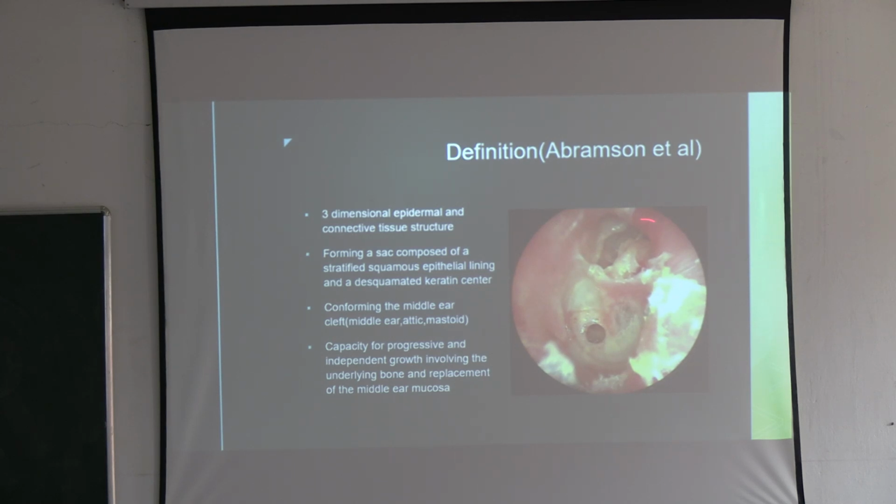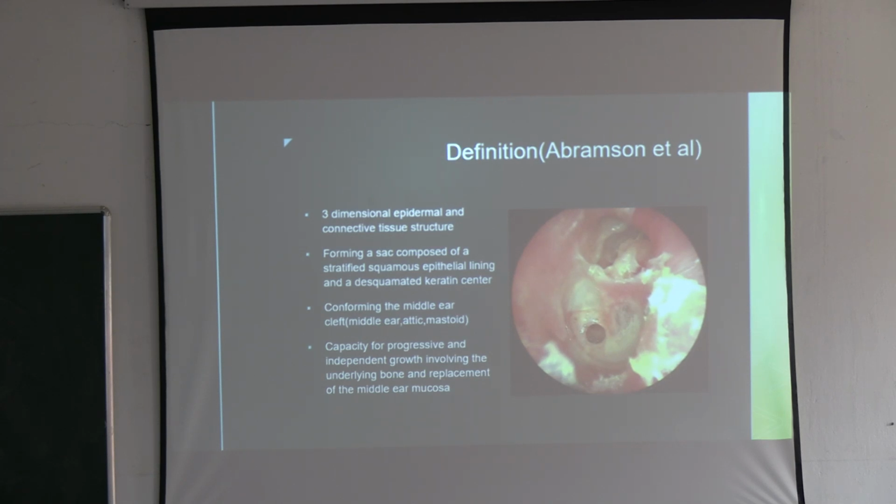This is attic cholesteatoma with a small central perforation in the middle ear cleft. It is always lying in the middle ear cleft, that is attic, mastoid or tympanic cavity.